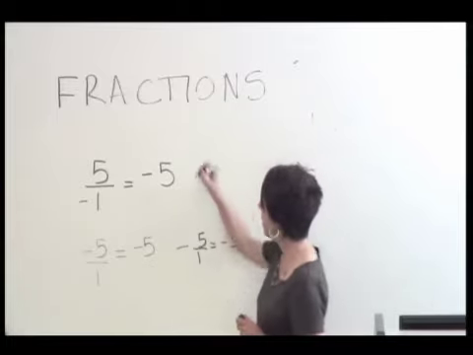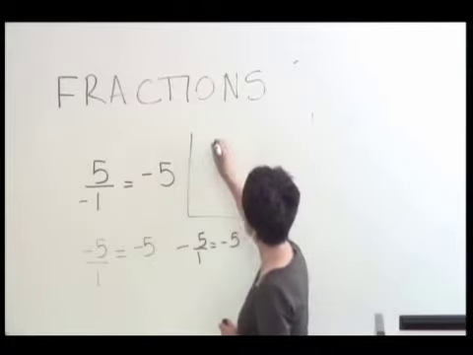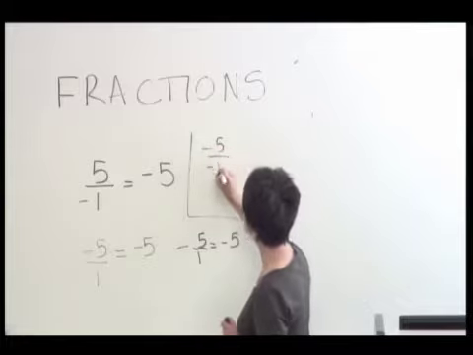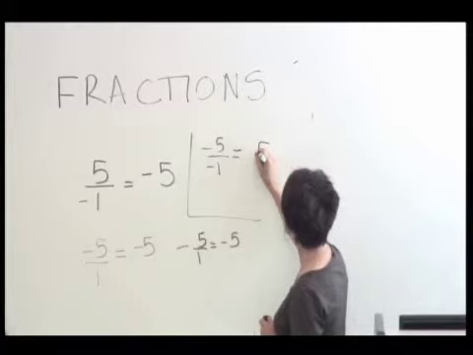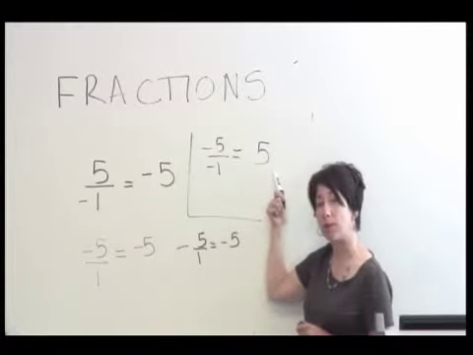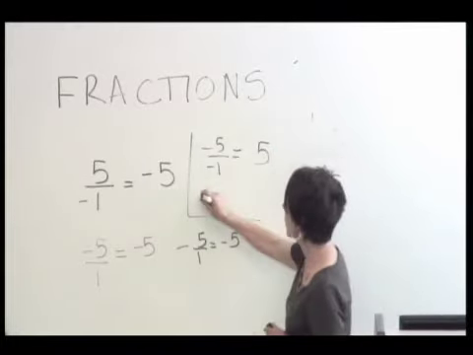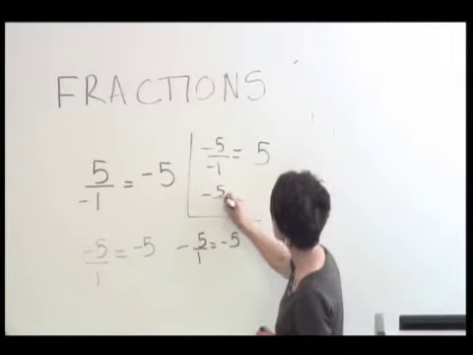The fact remains there's only one negative symbol, which means my final answer is going to be negative. And likewise, if I had 2 negative signs, if I had 2 negative integers, my final answer would be positive. And I could have the negative in front like this.